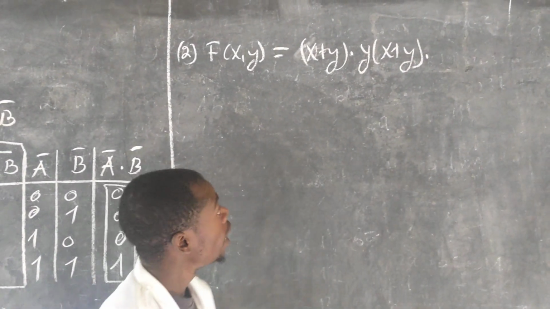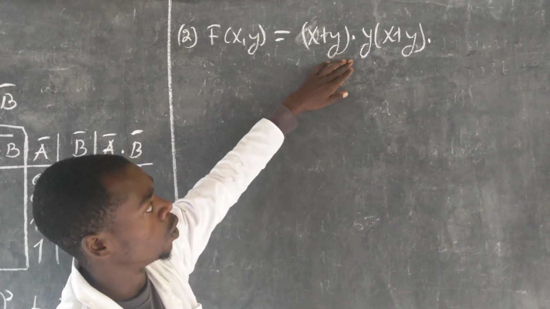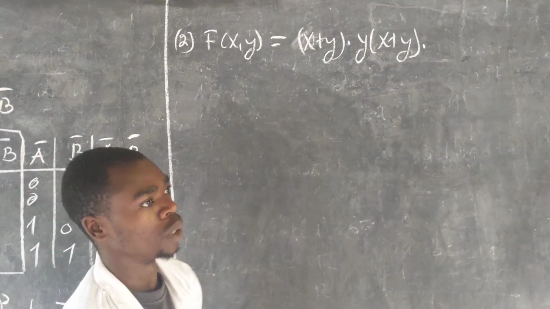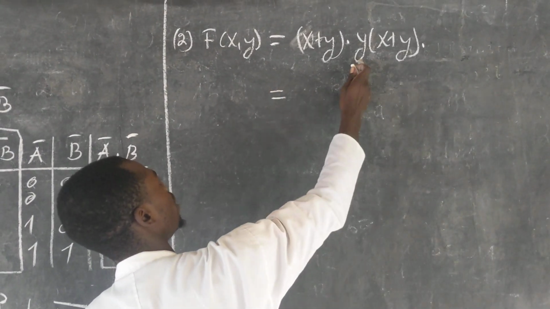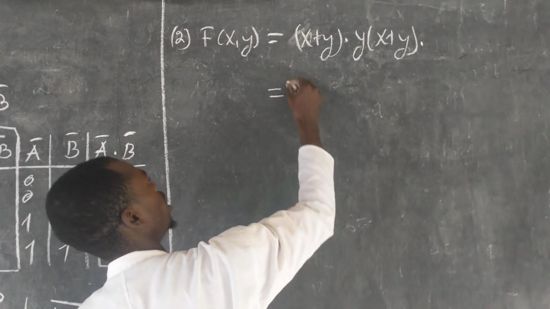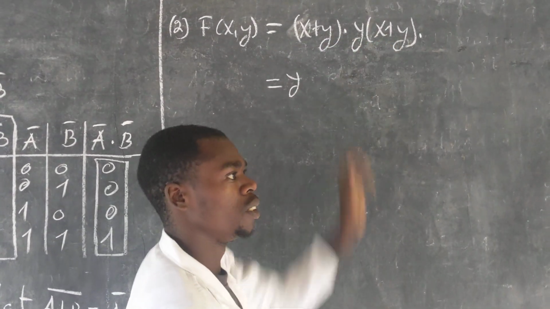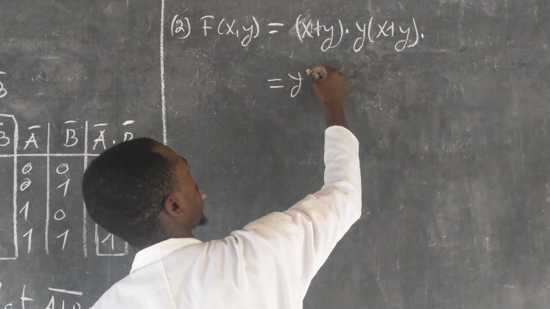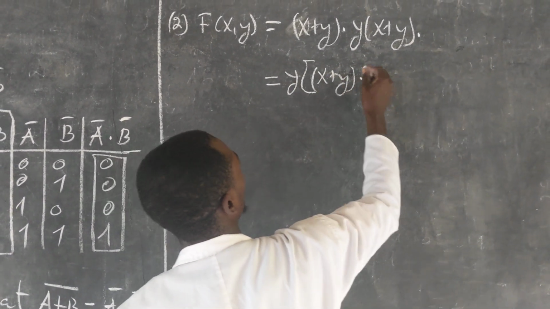So now, as in mathematics, if we know how to multiply this, we can simplify this. First of all, let us bring this y out of here. And you remember that multiplication is commutative.